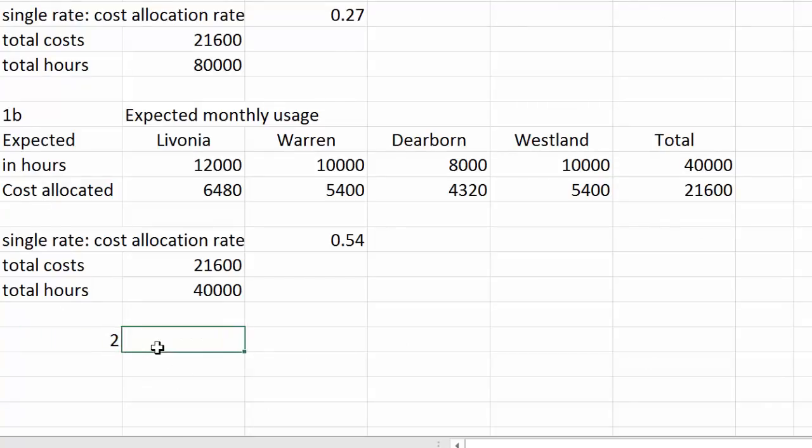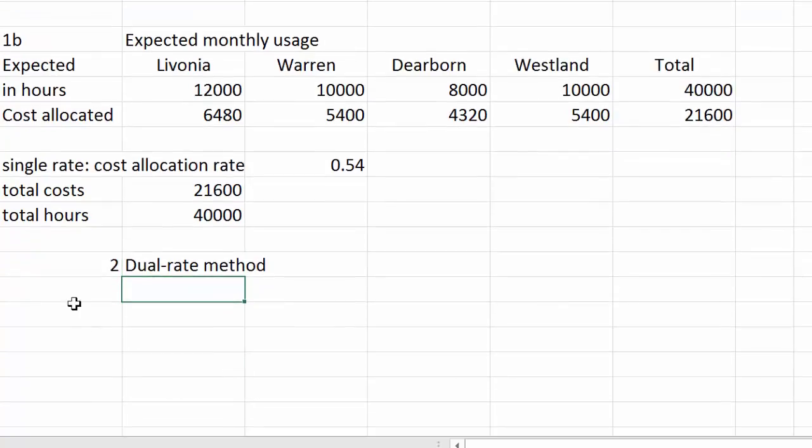And then let's go ahead, and this time it's going to be the dual rate method. So first you have to take a look at the variable cost pool.